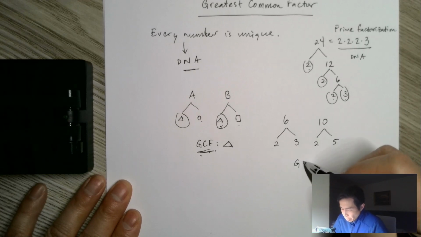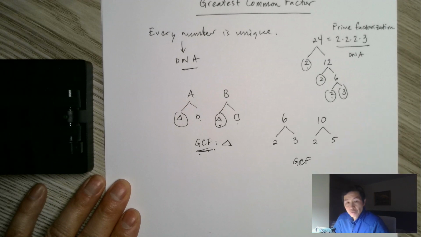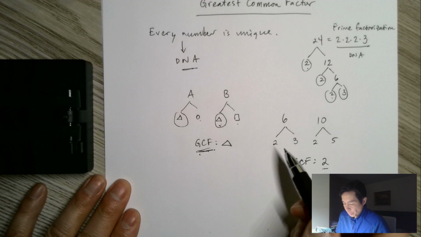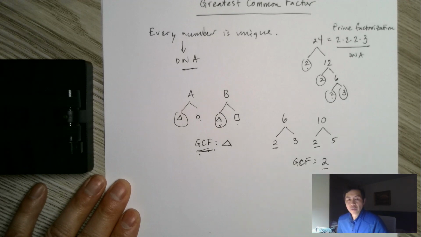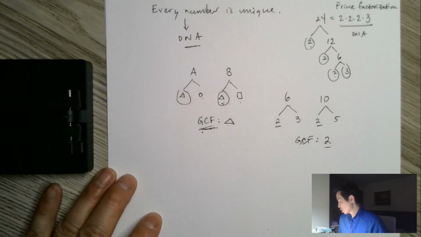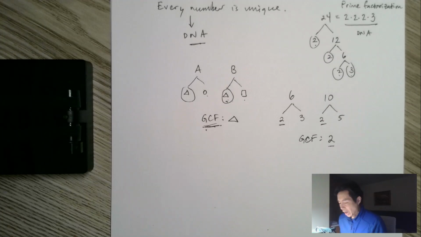So the GCF of 6 and 10 is 2, because it will be an exact copy of what 6 and 10 have in common. Now you might think, I could have just done that in my head. Why do I need a factor tree to tell me this?